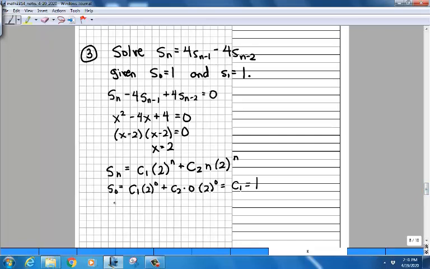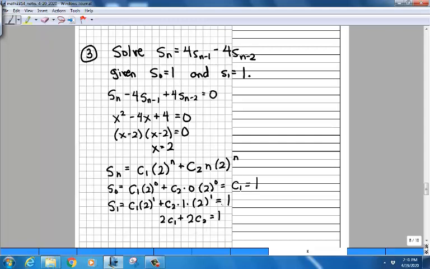Ooh, that was nice. And now what about s_1? That is going to be c_1 times 2^1 plus c_2 times 1 times 2^1. But that's supposed to turn out to be also 1 according to our initial condition. So this is going to be 2c_1 plus 2c_2 equals 1.